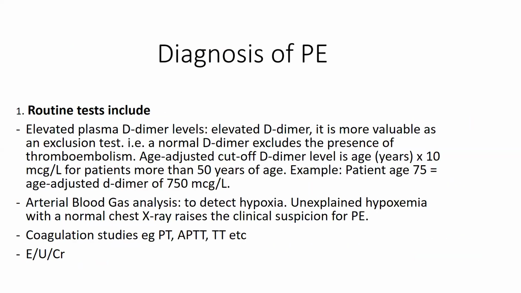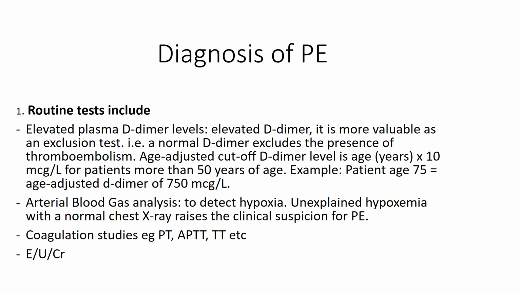So how do you make your diagnosis? The routine test, like we mentioned, is an elevated plasma D-dimer. Like we said before, D-dimer is more of an exclusion test. That is, a normal D-dimer excludes the presence of thromboembolism. But an elevated D-dimer does not always confirm PE, because there are other factors that can cause an elevated D-dimer.